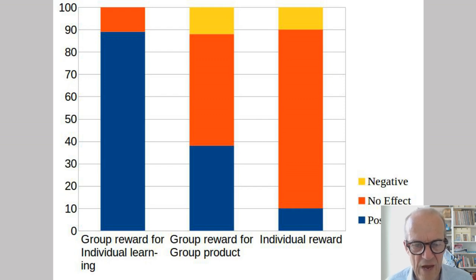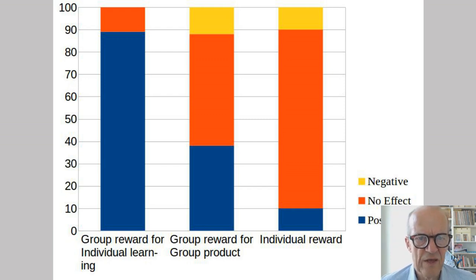Or do you have to focus on the individual learning? So perhaps you have all members of the group take a test, and you measure their individual performance on this test on the subject matter related to the group assignment. Well, as you can see here, the blue columns are the positive outcomes.